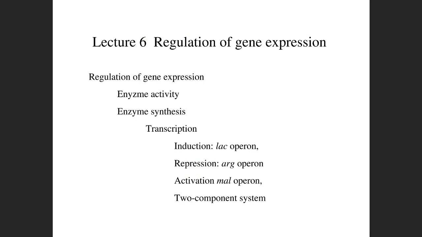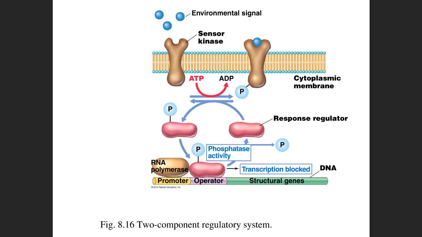So now we talked about the lac operon, the arginine operon, the maltose operon, and there's one particular transcriptional regulation that is very interesting and very specific. It's only been discovered in the last 20 years. And so here is the two-component regulatory system.